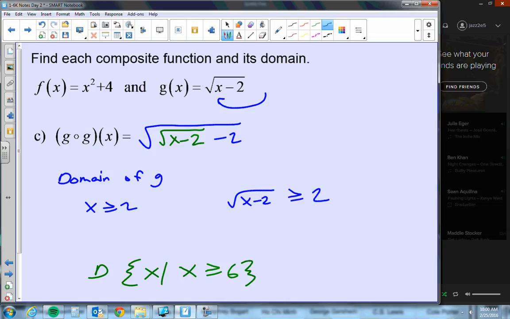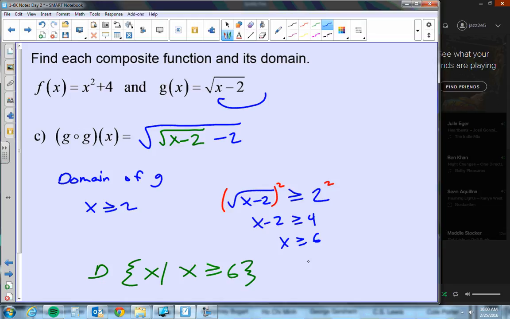Right? We set the inner function. Let's do the algebra. So we square both sides. Add 2 to both sides. And so you get this.